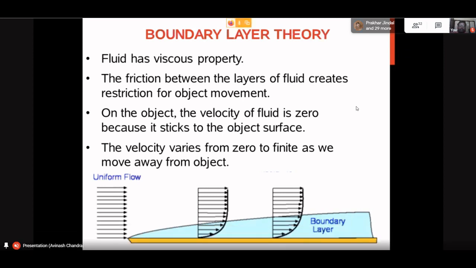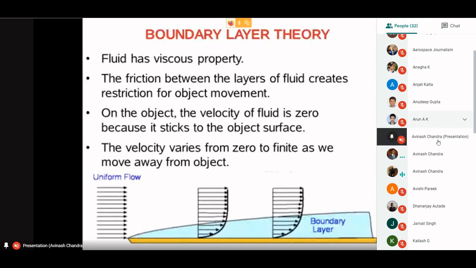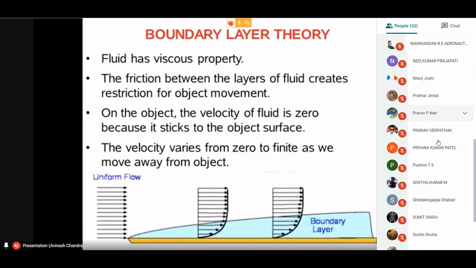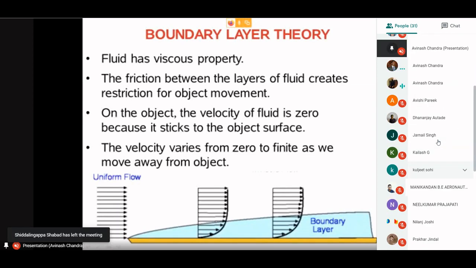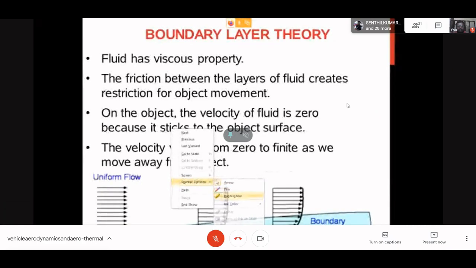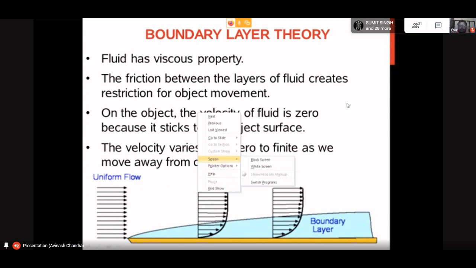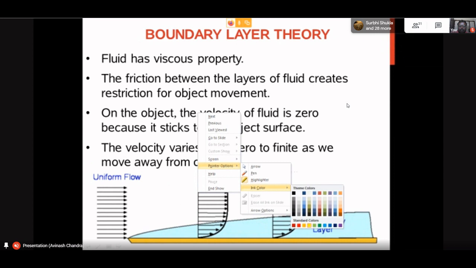So you see here, what happens when a body is traveling through water or air? The layer of fluid adjacent to the body surface, which actually sticks to the body surface, will have zero velocity because it is sticking on the surface.